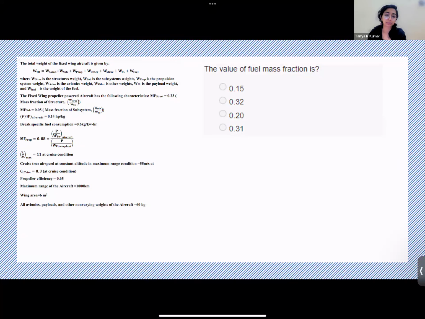They've given you the maximum range of the aircraft. They've told you it's a propeller powered aircraft and they've given you maximum range. So start there. What was the range equation?